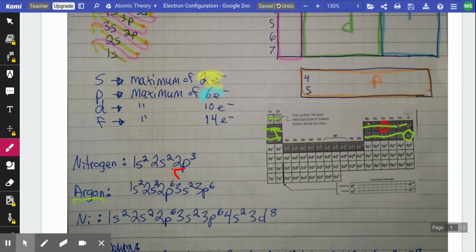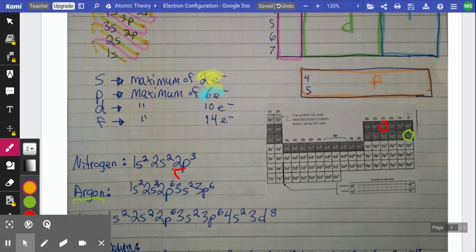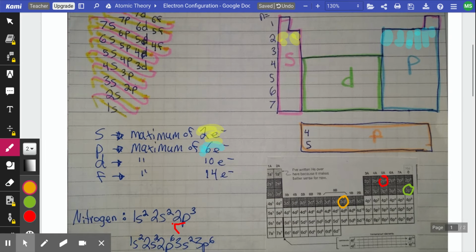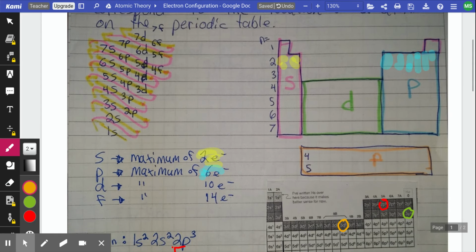Okay. And so now we will look at nickel. So nickel is found, if you look on your periodic table, right here. Okay. So to get to this point, again, you can either work backwards, and you can come up here to this little thing that we have drawn at the top of our note, and you can see that it's in 3D.